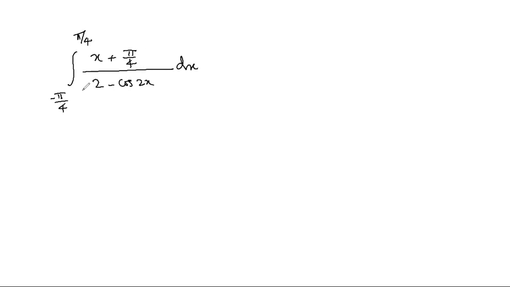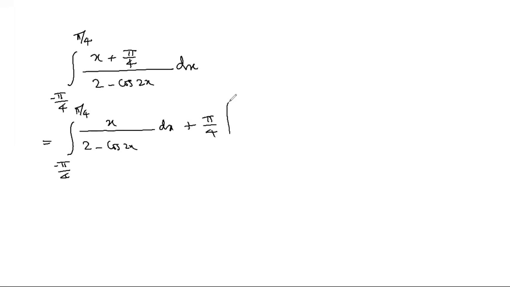Now this function is neither even nor odd. But if I separate it in this way, as two separate integrals, now this is an odd function and this is an even function.